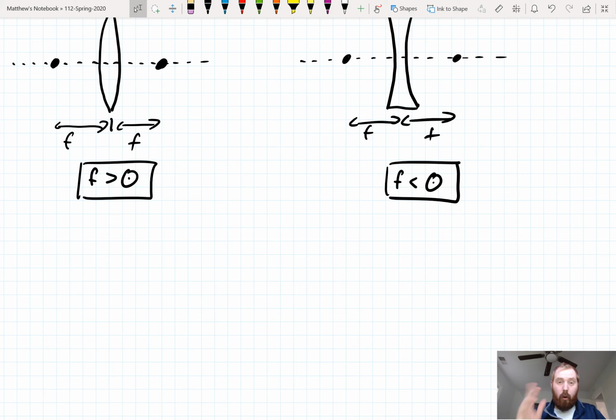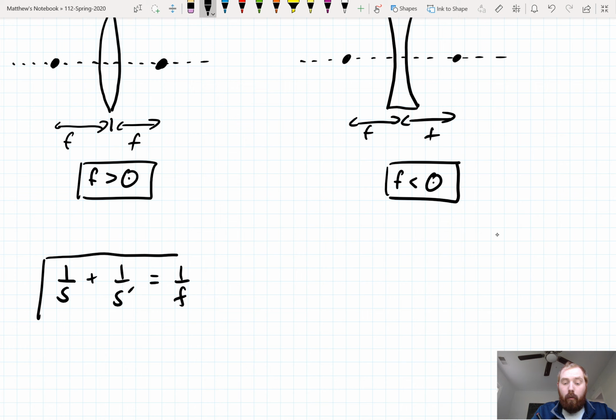So, some equations that we're going to need, and that's really going to be about the extent of formulas we need. We're going to have our image-object focal length relationship. And yes, there's a couple of different ways to write this. I'm going with this way. I can say 1 over what's called the object distance plus 1 over the image distance equals 1 over the focal length.